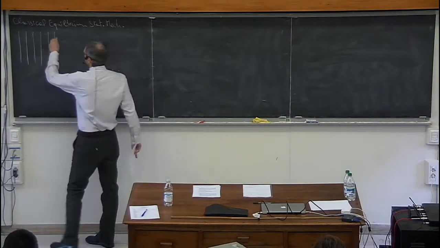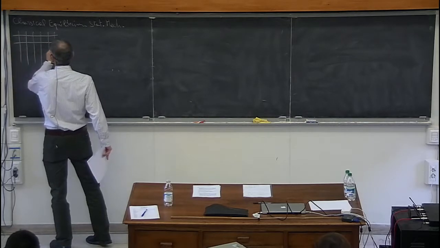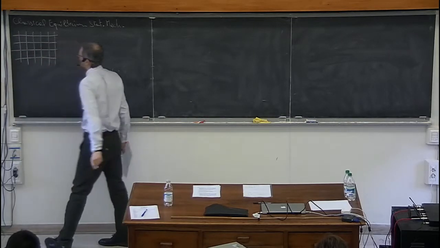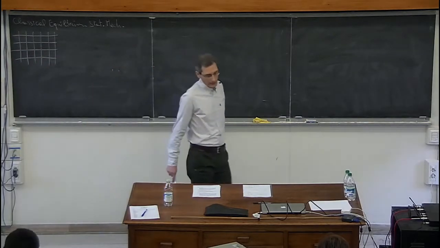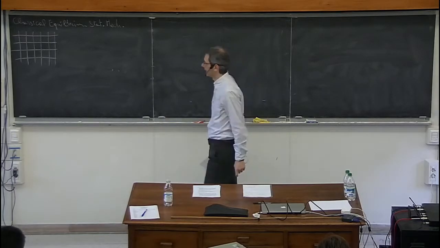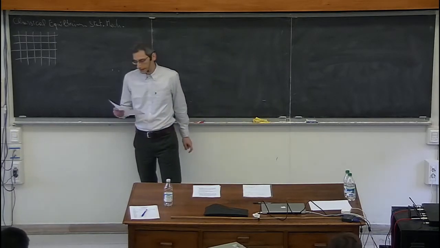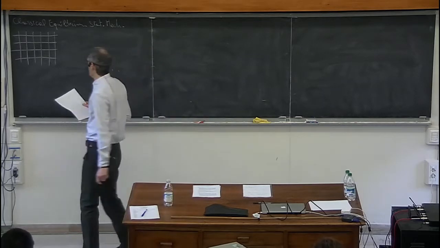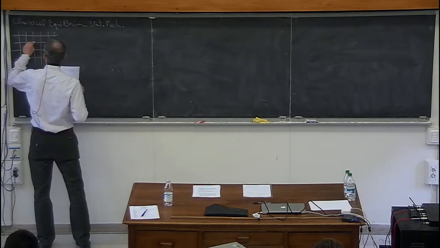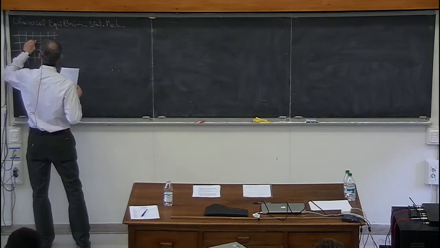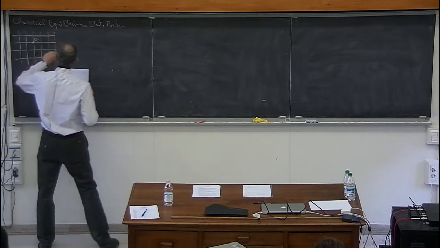I will normally draw the square lattice, but it could be any regular lattice, triangular, hexagonal. Okay. So at each site of such a lattice, there is a site variable, sigma i.